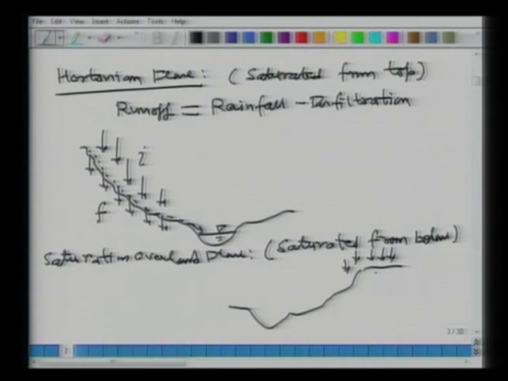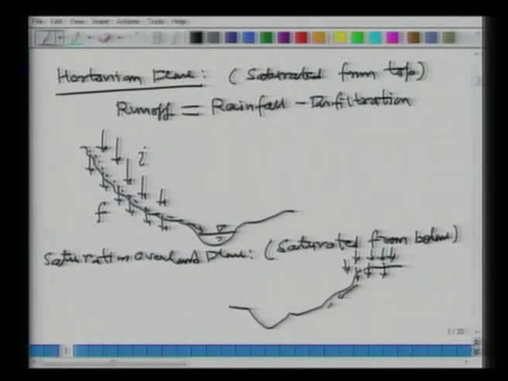Then this water may get infiltrated into the ground, and due to the steep catchment slopes in the hilly areas, this water may travel inside the ground, and that will saturate the subsurface zone of the earth in the downstream portion.